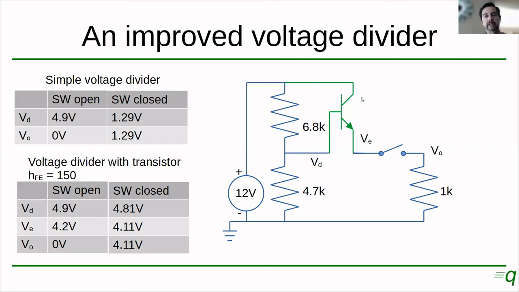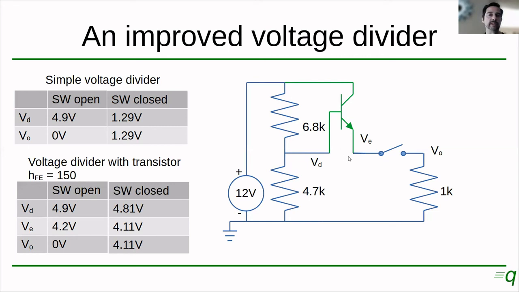This means that the transistor is isolating to some extent what's happening at the emitter from what's happening at the base. So we can take a lot more current from the emitter, and that's not going to be affecting pretty much at all what happens on the base, right? In this case, the voltage dropped only 0.1 volt.